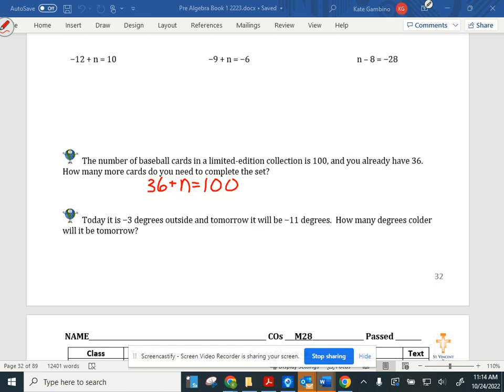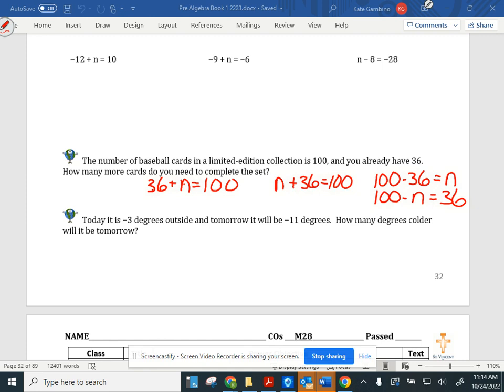Is that the only way to write that equation? No, because remember there are the fact families. So you could do 36 plus what number gives me 100? Or I could say what number plus 36 gives me 100? Or I could say 100 minus 36 gives me a number. Or I could say 100 minus n equals 36.